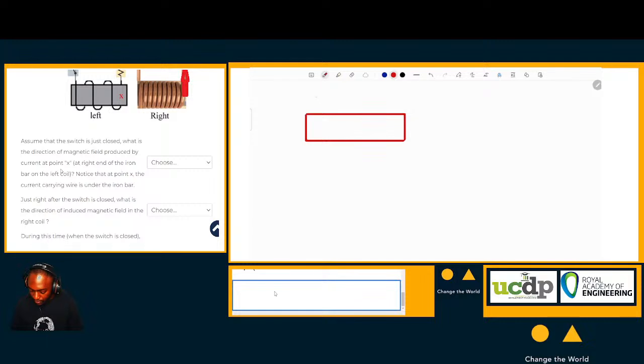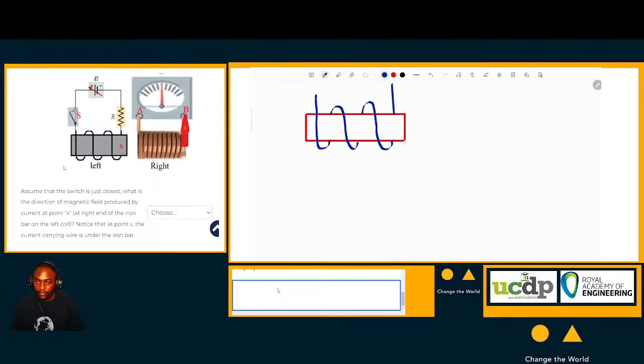It's out of the page. No, here you need to give it in terms of into the page, if I'm not lost, because we'll be looking at the current traveling from, let's say, right to left, going down, and at point X the current will be moving up.